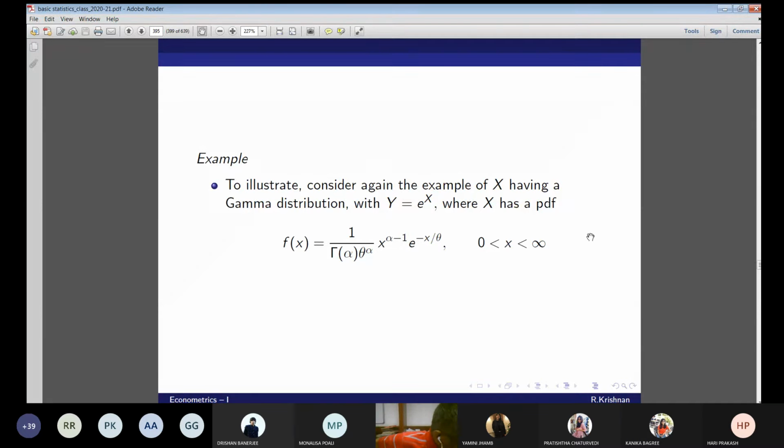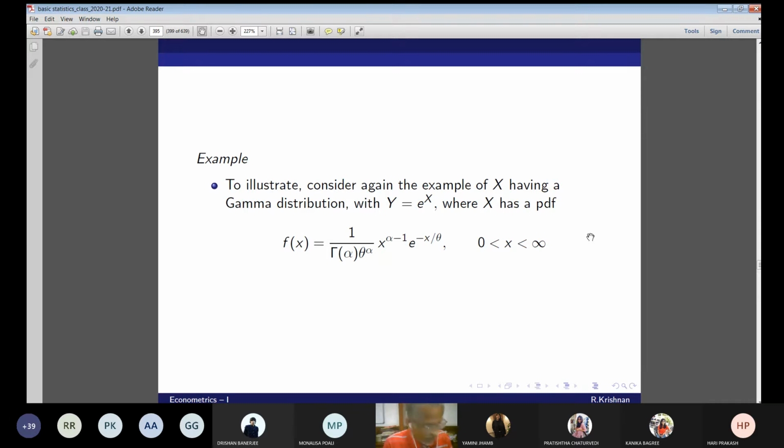D1? One. D1 equal to 1, D2 equal to infinity. X is equal to, what is the function? X equal to log y equal to Vy. Can we say that? Yes. Okay, V prime y equal to 1 by y.